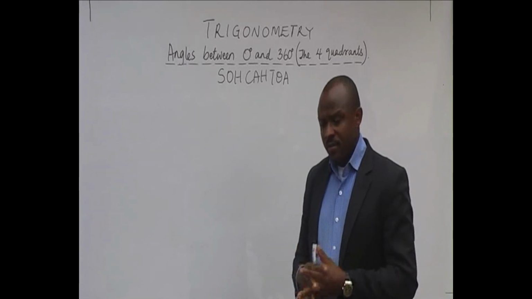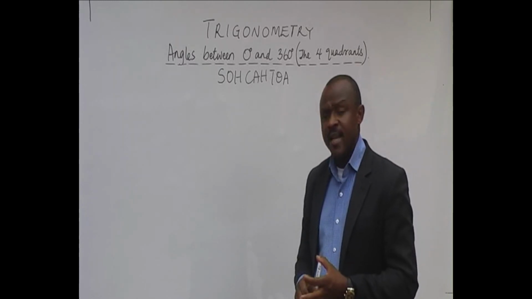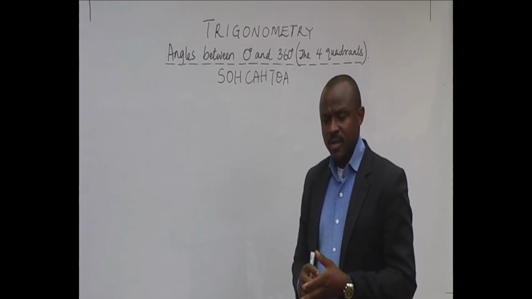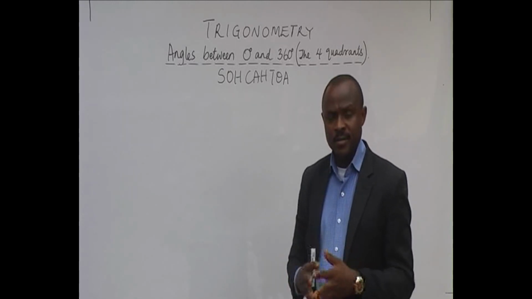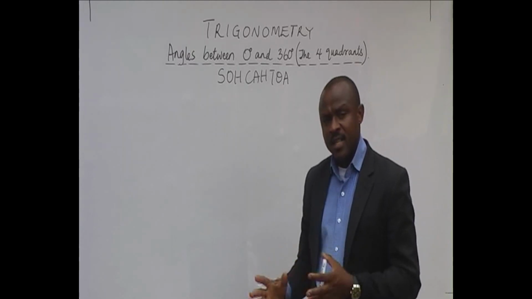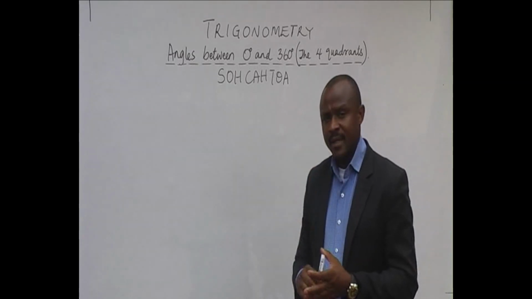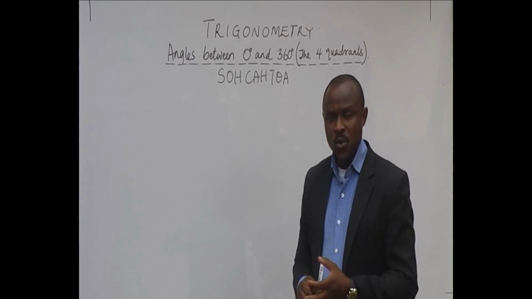In trigonometry, our angles as related to the trigonometrical ratios have values, either negative or positive. And for an angle to have a negative or a positive value, it doesn't come from Jupiter, it doesn't come from Mars or Pluto.